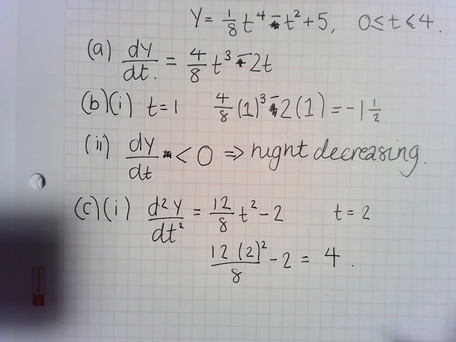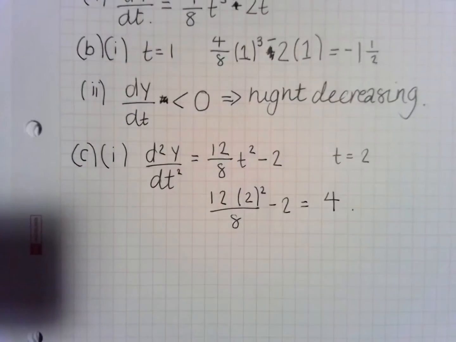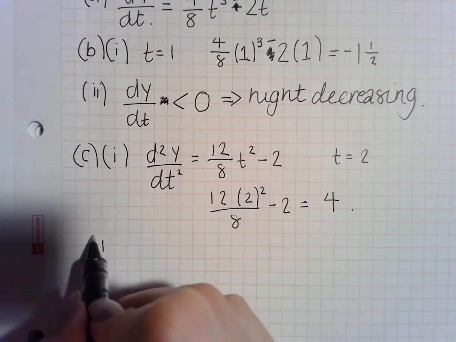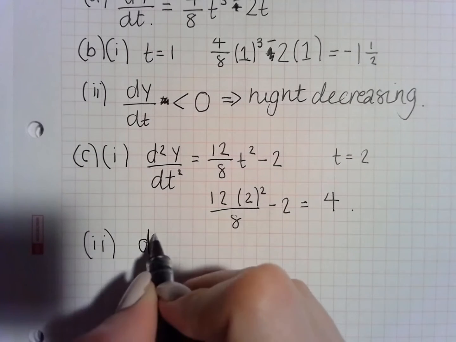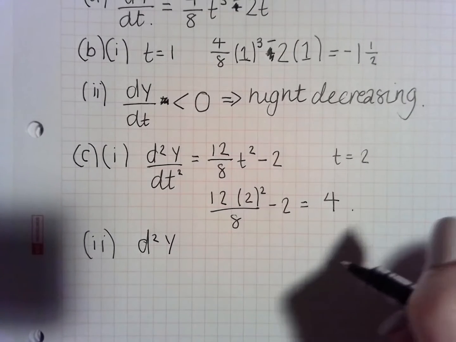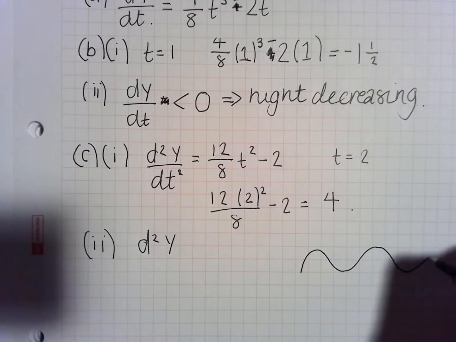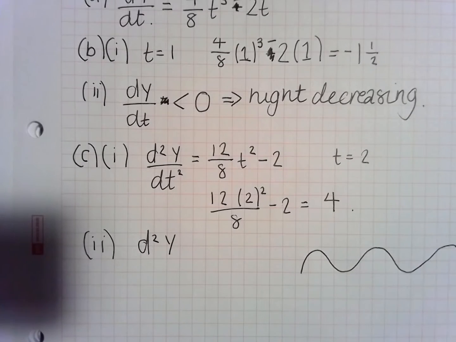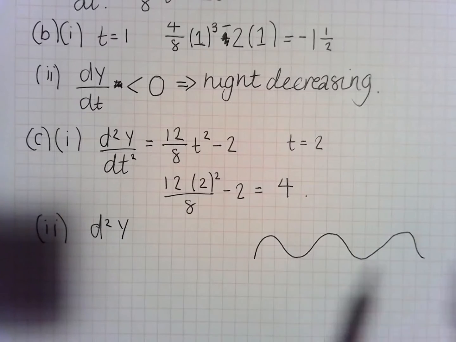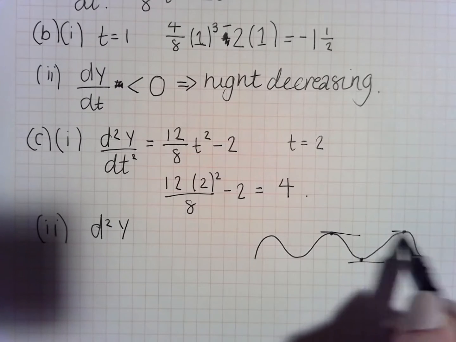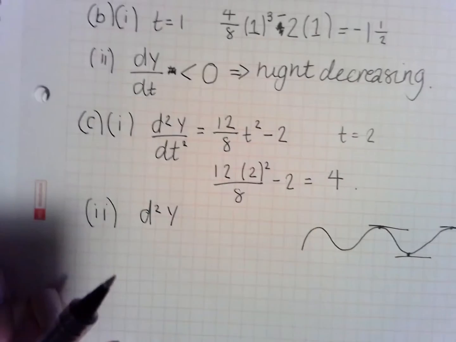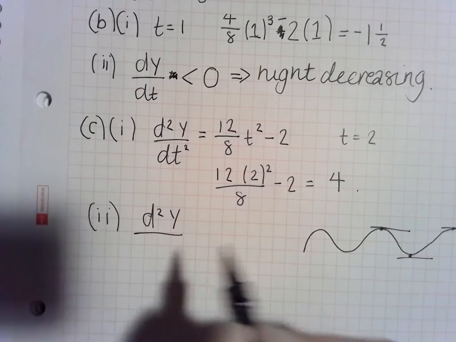And then part 2 says, given that y has a stationary value when t equals 2, state whether this is a maximum value or a minimum value. A stationary value, as I've said before, is when the gradient equals 0.